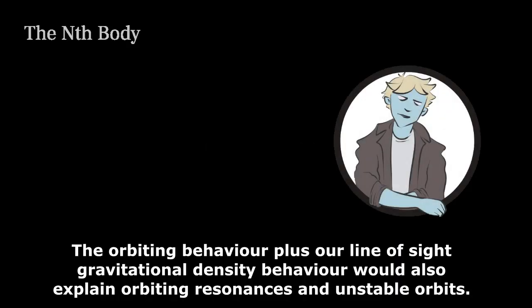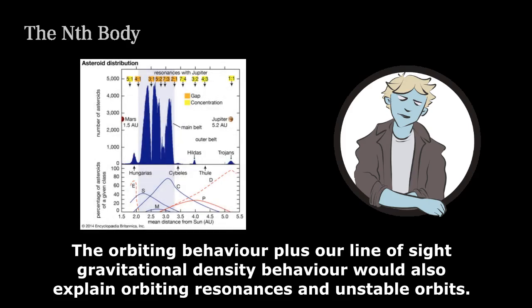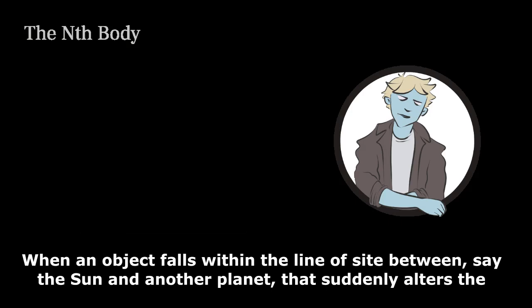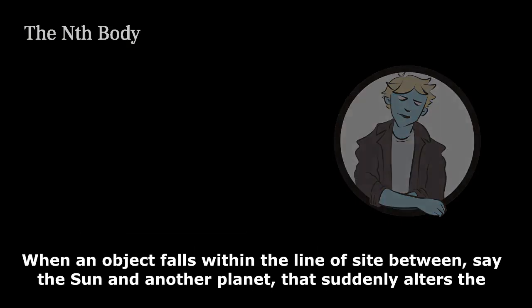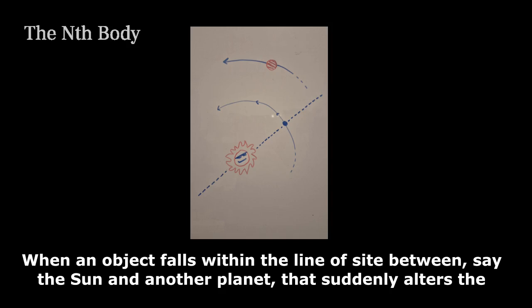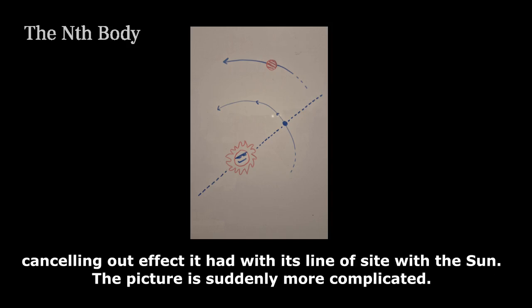And body problems, a quick dive. The orbiting behavior plus our line of sight gravitational density behavior would also explain orbiting resonances and unstable orbits. When an object falls within the line of sight between, say, the Sun and another planet, that suddenly alters the cancelling out effect it had with its line of sight with the Sun.